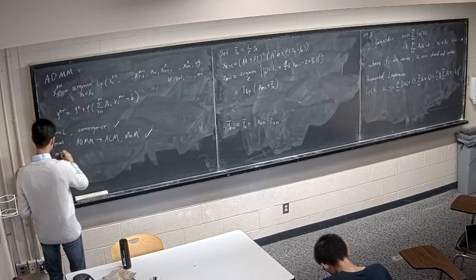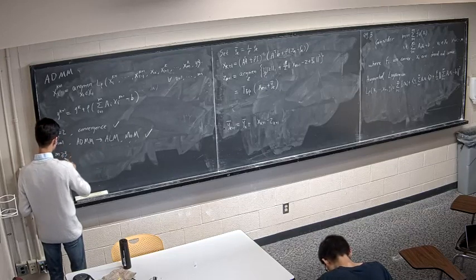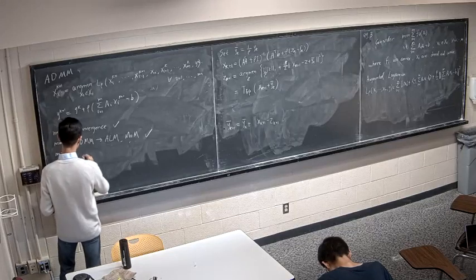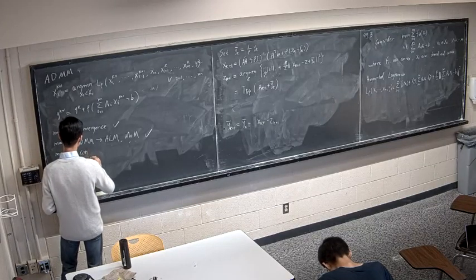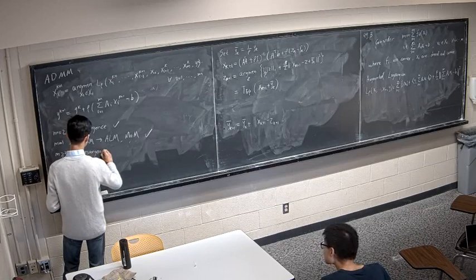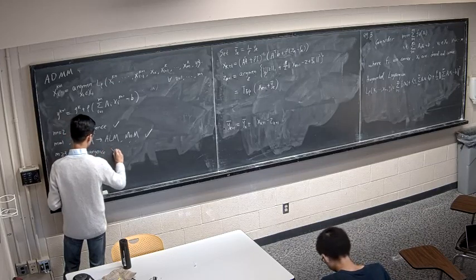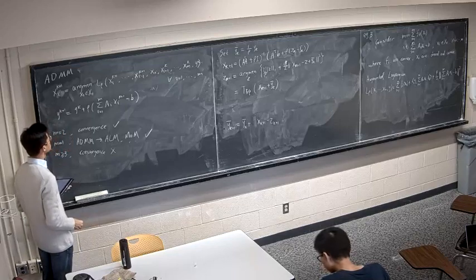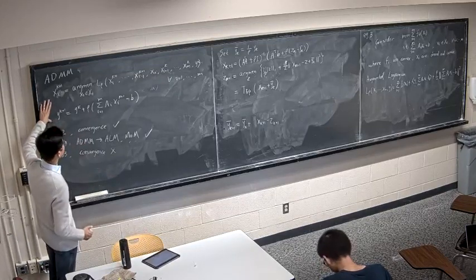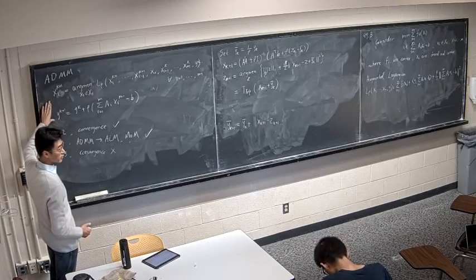Well, for m greater than or equal to 3, when you have more than 2 blocks, then in general we do not have convergence. You can actually construct some counterexamples to show divergence. Right, so this is the issue. You can still do minimization like this, but the problem is that you do not have any convergence guarantee.